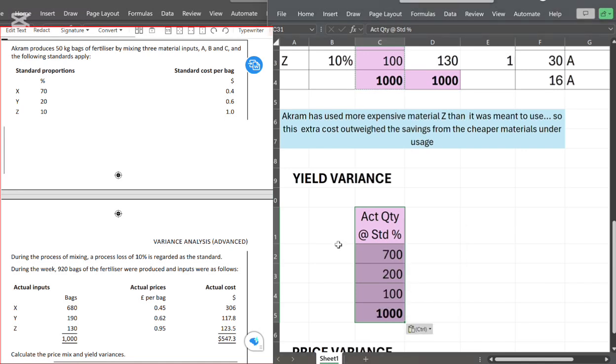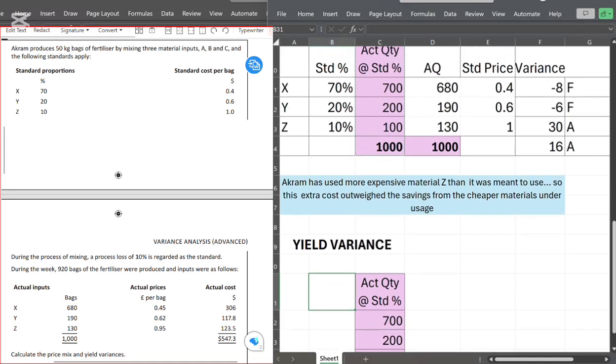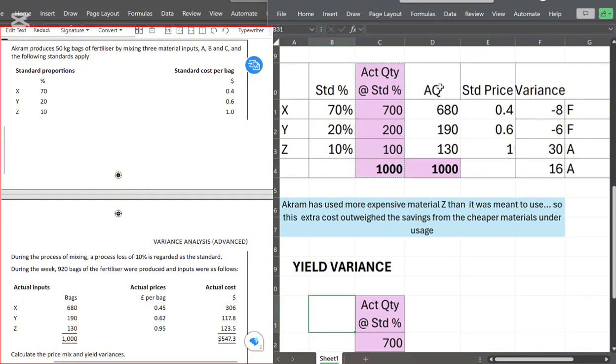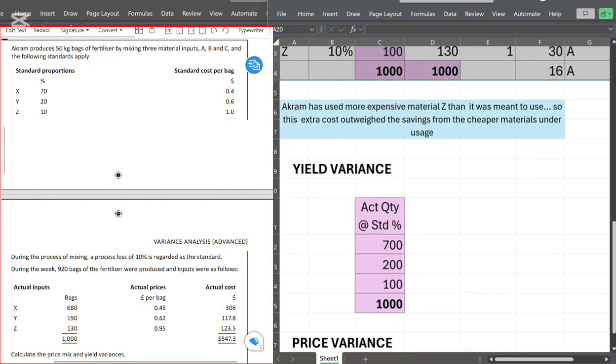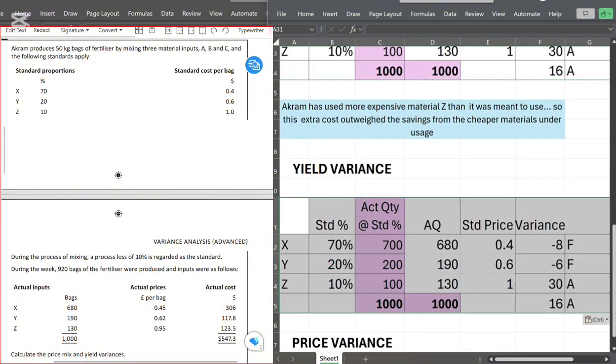So I'm going to keep that, but like I said, instead of comparing with actual quantity, we're going to be comparing with standard quantity. So in fact, let me just take the whole table, because it's the exact same thing we want to do. So we need all of these, but this will now be standard quantity.